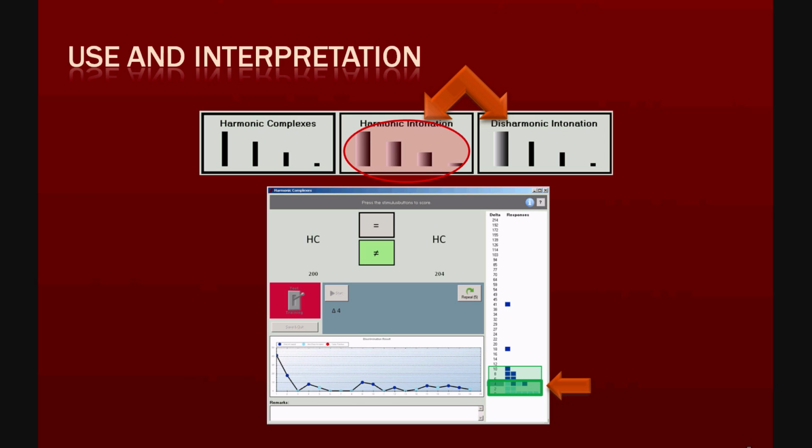Indeed, while harmonic intonation still contains high-frequency cues, disharmonic intonation does not. Bad coding of temporal fine structure may therefore result in a higher JND with disharmonic intonation, whereas the JND with harmonic intonation may remain better.